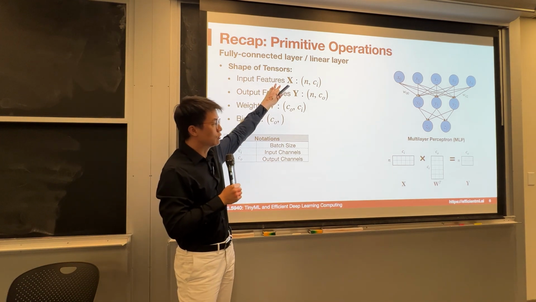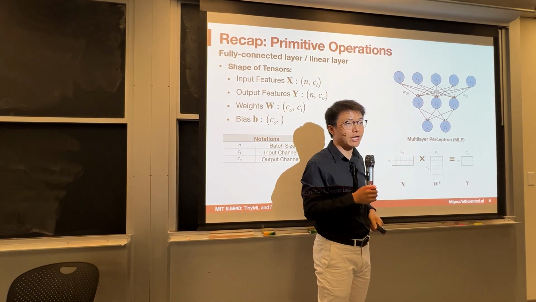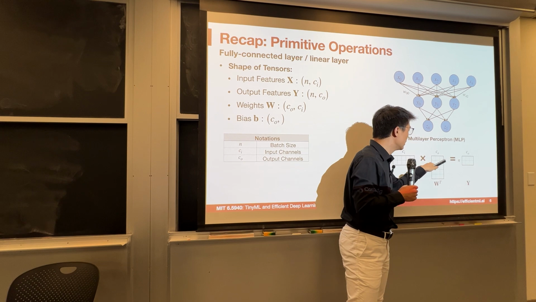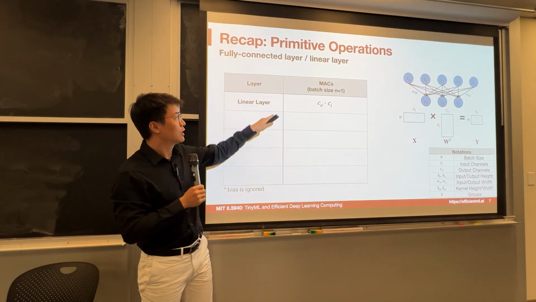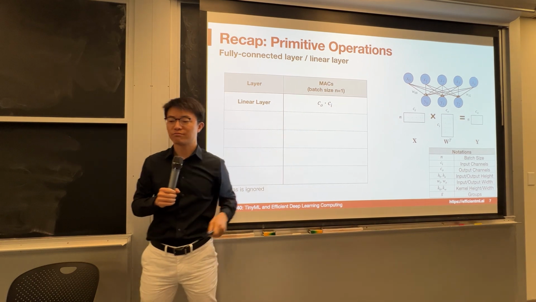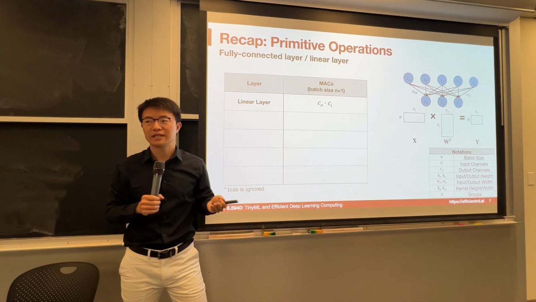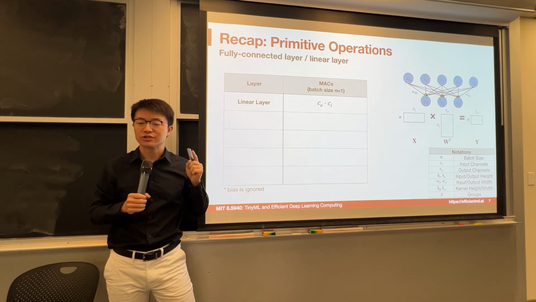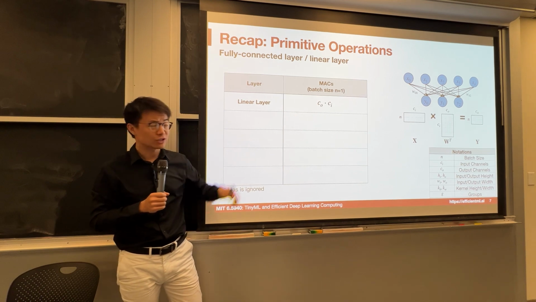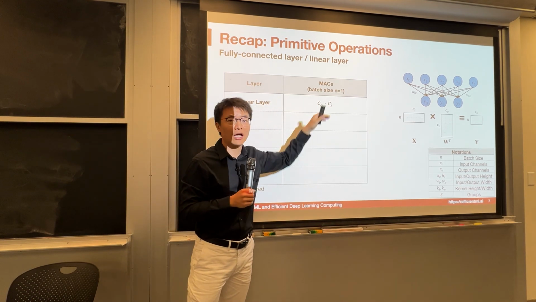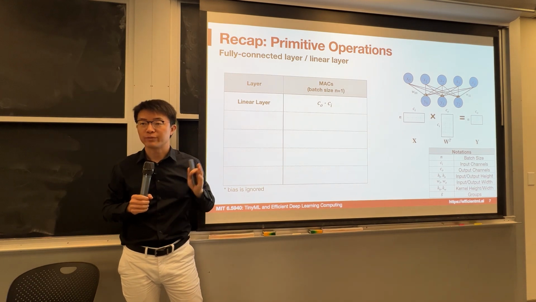So we know we have an input, and the input channel is Ci, output channel is Co. The matrix is Ci by Co. So we can calculate the MACs. Remember what is a MAC? Multiply and accumulate. Each add and each multiplication is considered one MAC. So the linear layer is Ci times Co MACs with batch size of 1.